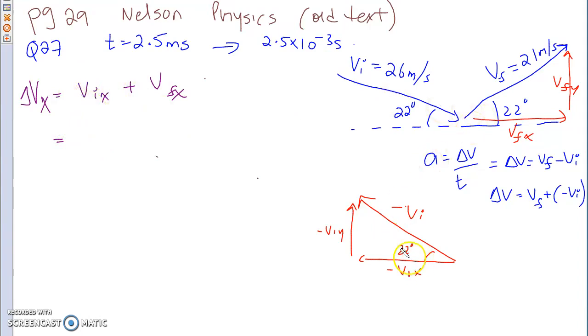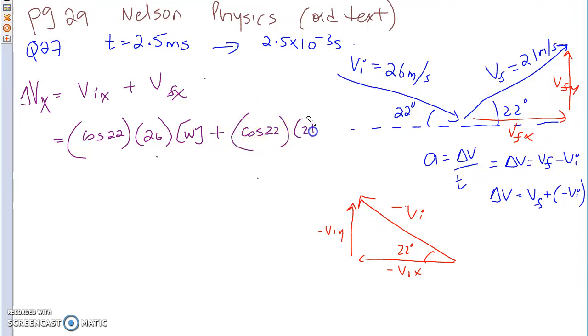Now what we're going to have here is cos of 22, and the speed was 26 meters per second. This is of course going west. Plus cos of 22 again, and the speed is 21 meters per second, and that is east. What is cos 22 times 26?